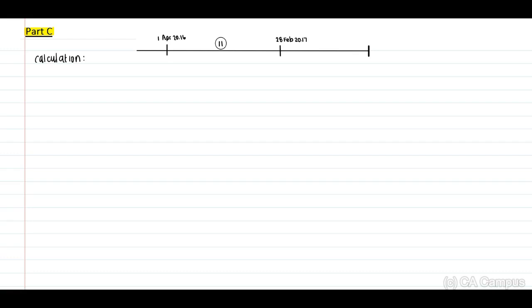They've indicated to us that on 1 April 2016, the costs were incurred, and our year end is 28 February 2017. Our current year is 28 February 2018. Now, we need to correct our prior figures retrospectively, therefore going back.